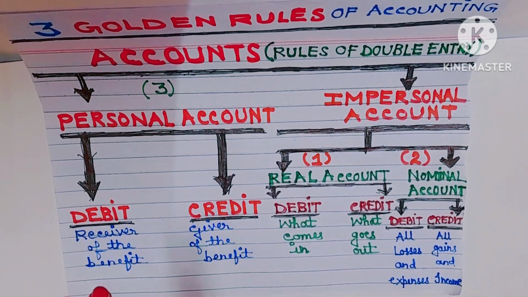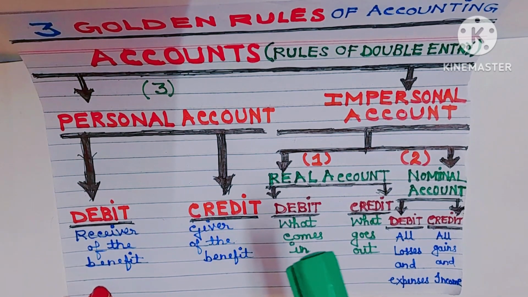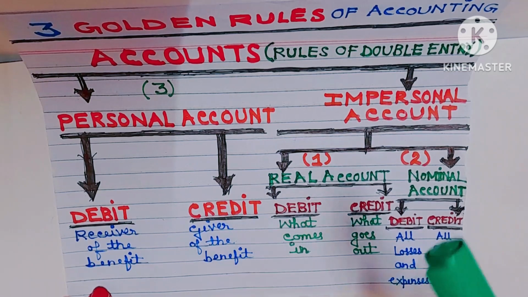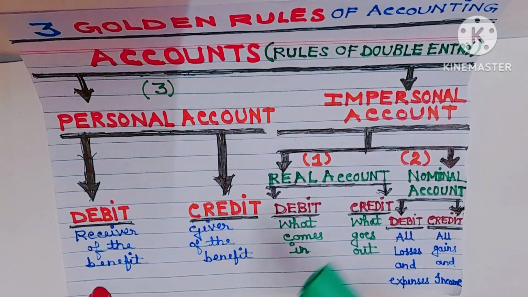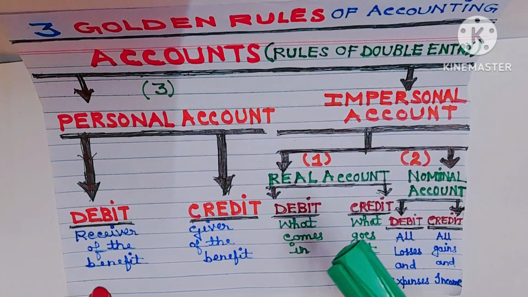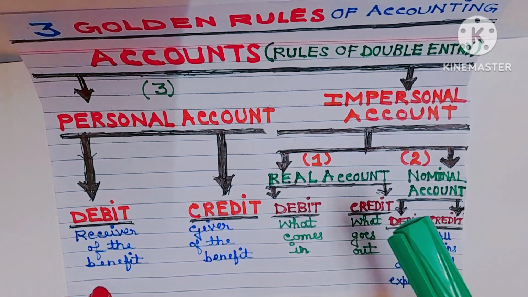Intangible assets do not have physical existence. What are the examples of tangible real account? Well, cash, furniture, building, motor car, machinery, etc. What are the examples of intangible real account? Goodwill, patent, copyright, trademark, etc.